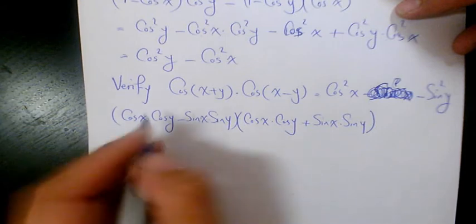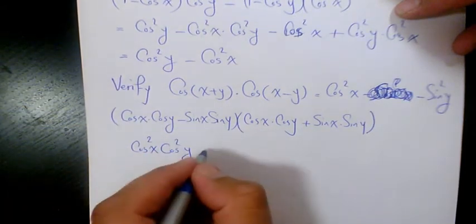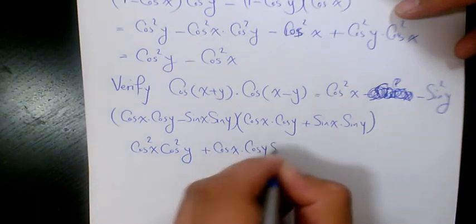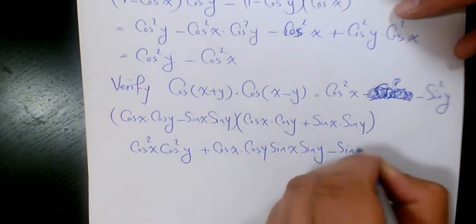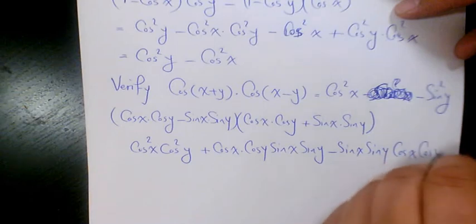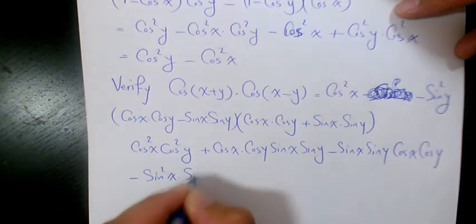Cosine squared x cosine squared y plus cos x cos y sine x sine y minus sine x sine y cos x cos y minus sine squared x sine squared y.